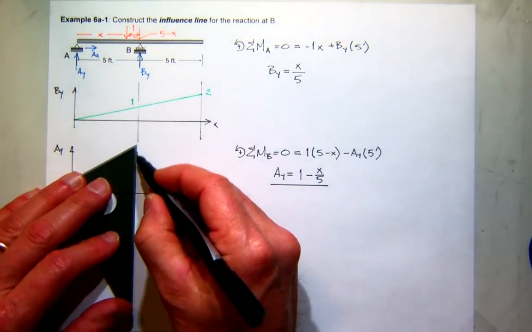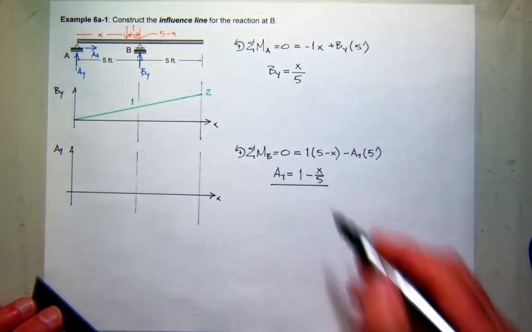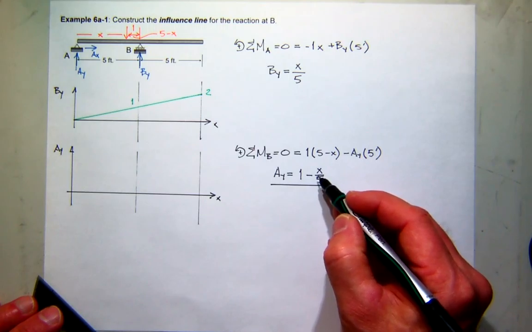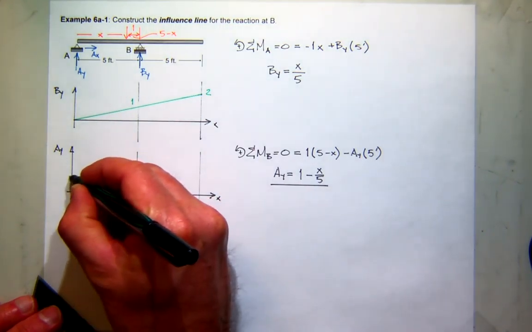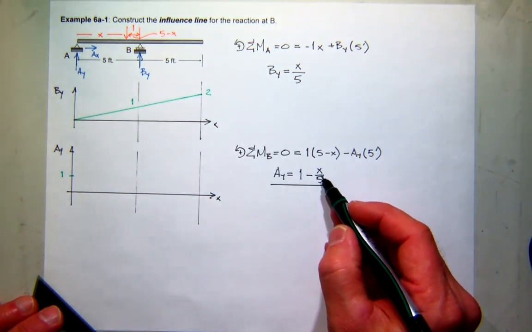So I'll do same midpoint, endpoint. When x is equal to 0, what do I get? 1. When x is equal to 5, what do I get? 0. When x is equal to 10, what do I get?